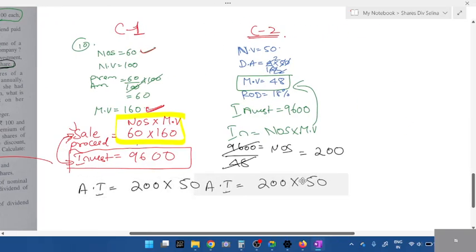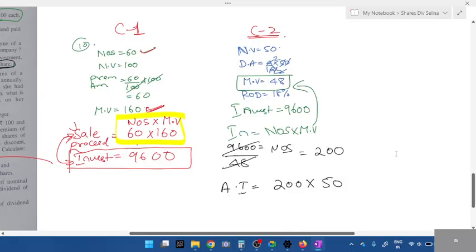See, we have to use all the second company, students. Once you complete, we no more use these calculations. We don't use company 1 calculation. So company 2, 50 into 100 into 18. All of you got 1800.